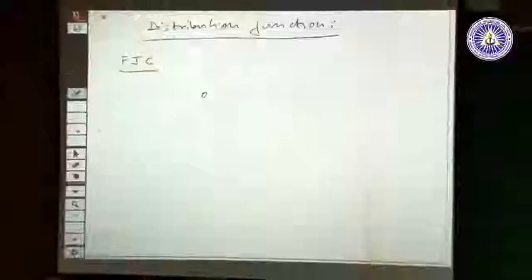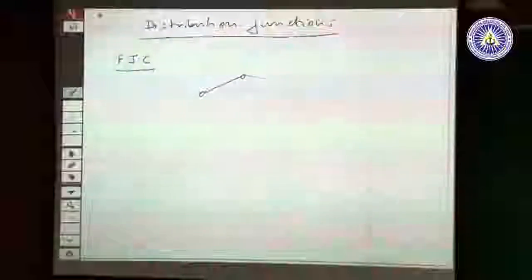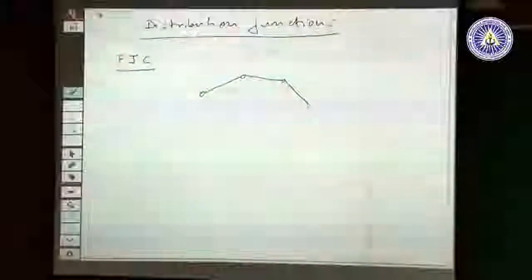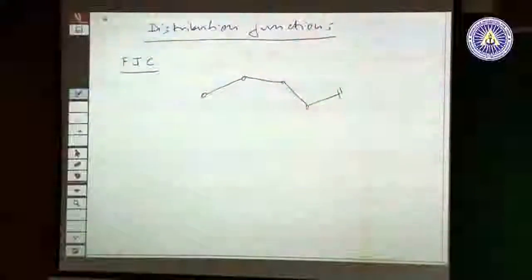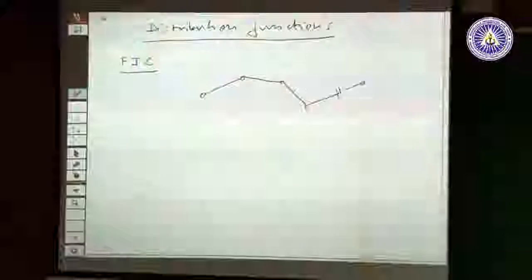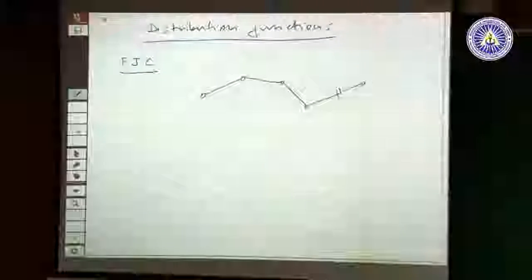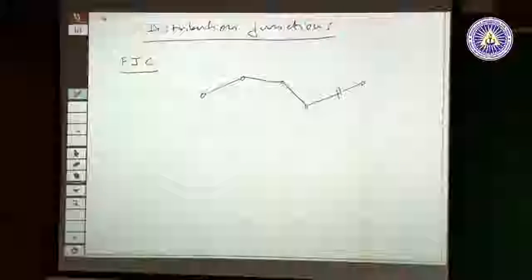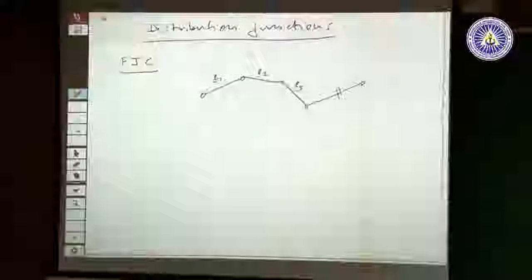If you recall, the freely jointed chain was a set of monomers connected by rods, where each rod was free to take any arbitrary orientation. This was L1, L2, L3, the bond vectors going up to L n minus 1.